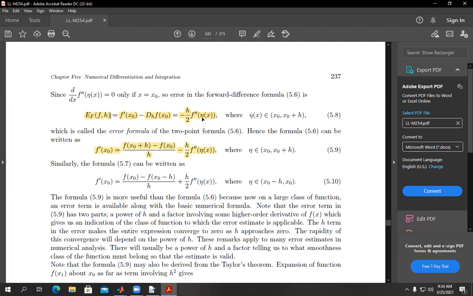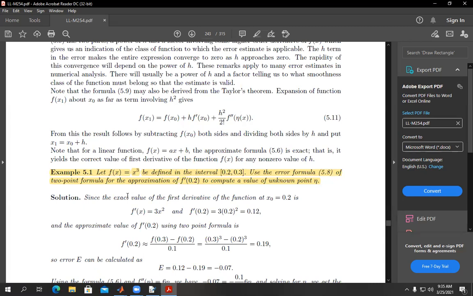Eta must be in the open interval. So when you find eta, you first need to find the exact value at x0, then you find the approximate value. This is your left hand side. Then you work on the right hand side. Your function is given, so take the second derivative of the function at eta. H is given. You simplify, and you have the value of eta.